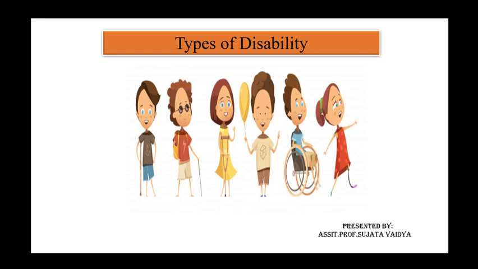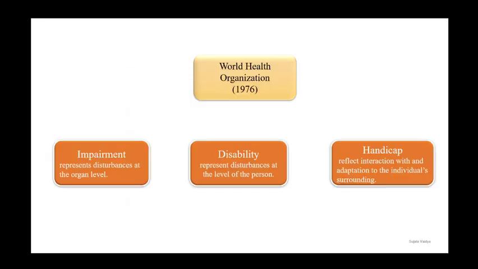Before going to understand the types of disabilities, let us understand the concept of impairment, disability and handicap given by the World Health Organization in 1976. Impairment is concerned with abnormalities of body structure and appearance, with organ or system function. So it represents disturbances at the organ level.